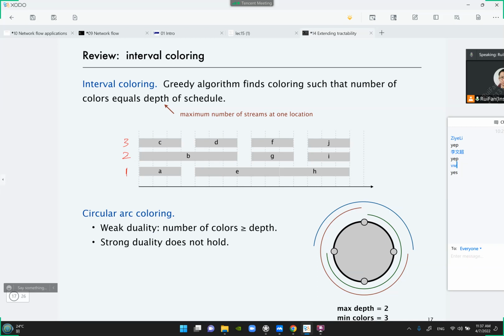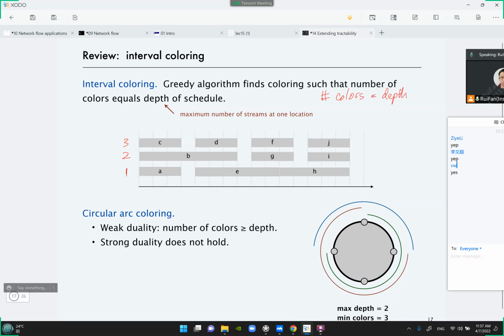Now we know that for interval coloring, this problem is actually very easy to solve. You can solve it using a greedy algorithm. The reason it was easy to solve was because we had this duality property, which said that the number of colors you need is equal to the depth of the graph.